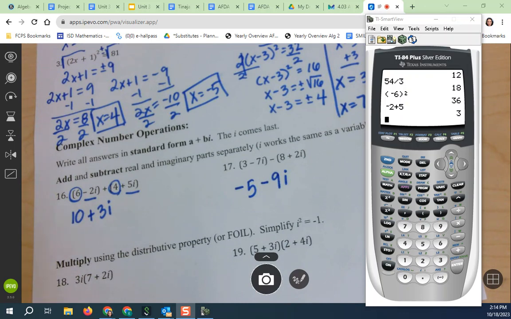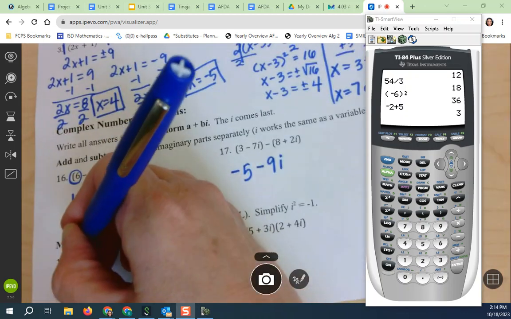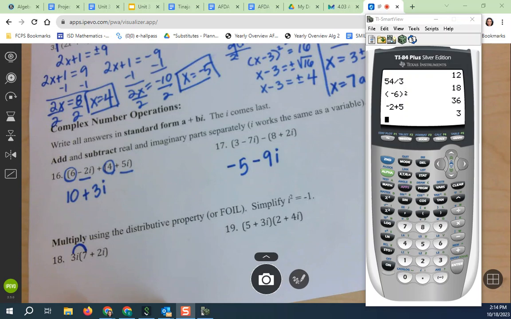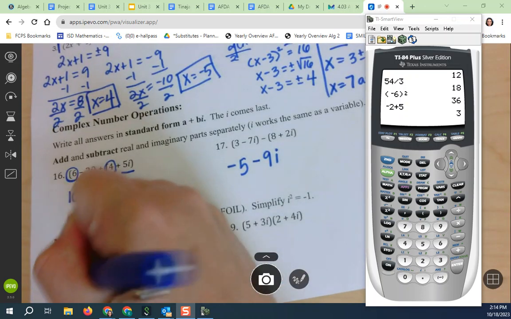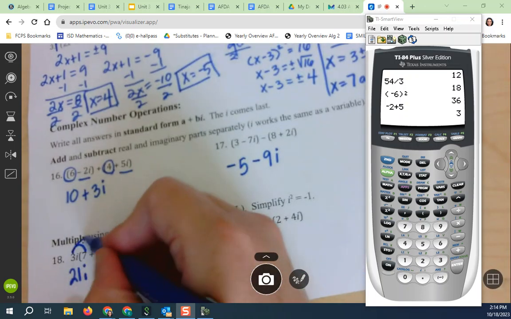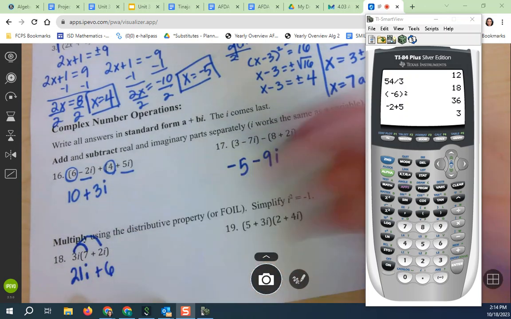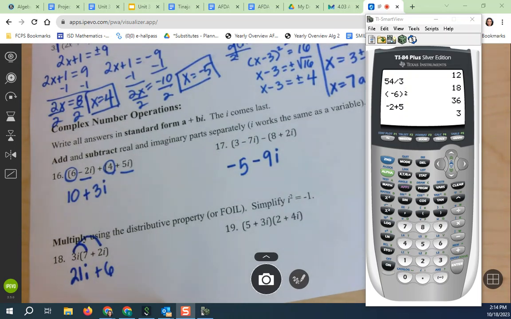So you can distribute. You can do 3i times 7, and that gives us what? Just multiply, right? What's 3 times 7? 21. So we get 21i. And then 3i times 2i. The 3 times 2 is 6. But what about i times i? i squared, right?